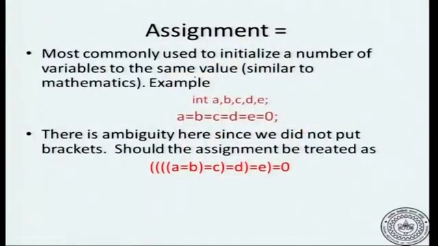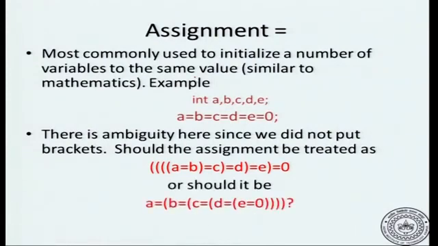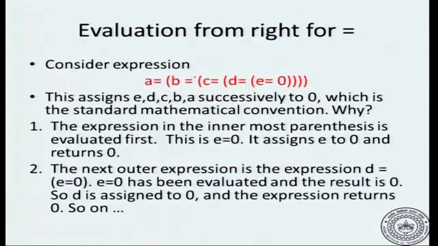Does it matter? So should the assignment be treated as the following, where A equal to B is done first, then equal to C, then equal to D, and so on, or should it be the opposite way, right to left, where E equal to 0 is first done, then D equal to that, then C equal to that, and so on until A. So the expression is evaluated from right to left in the case of the assignment operation.